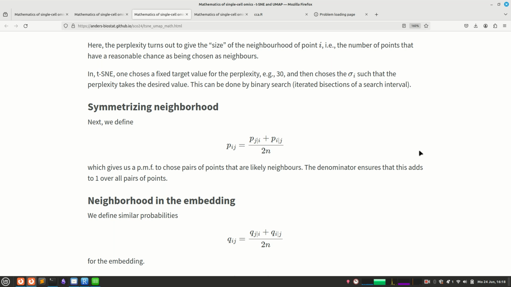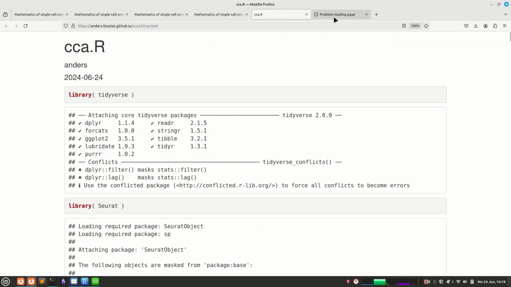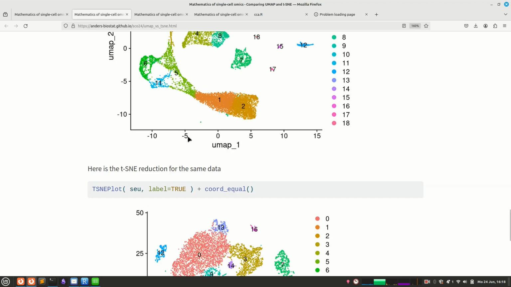But what does matter is, of course, if the relative strength of repulsion to attraction differs by an order of magnitude, that makes all the difference. So it might now be interesting, and that was a bit my idea behind re-implementing these things, to see what happens if I change the repulsive strength of UMAP to that of t-SNE, or vice versa, to see whether the plots look the same.